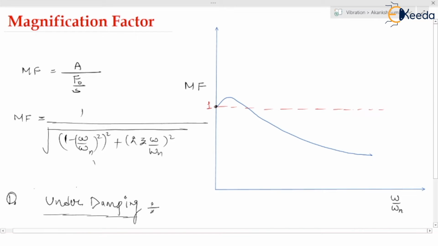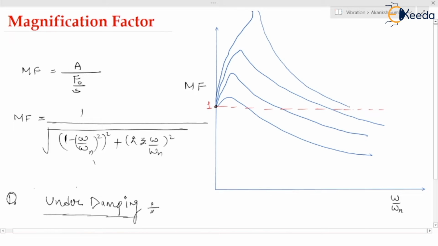This is like that. So we are drawing the graph between magnification factor and the ratio of omega by omega n. So it is like that. Now you are going to understand this complete procedure.